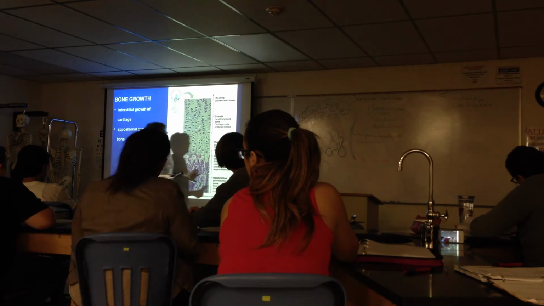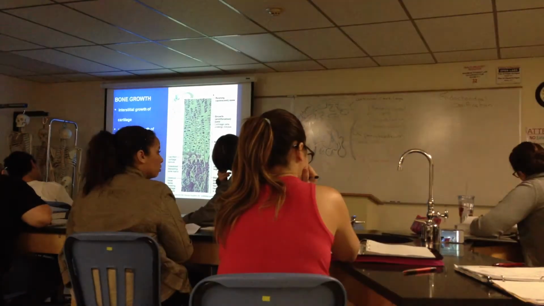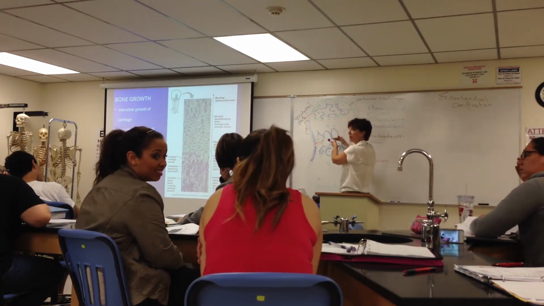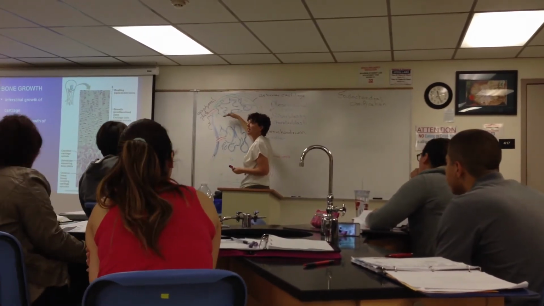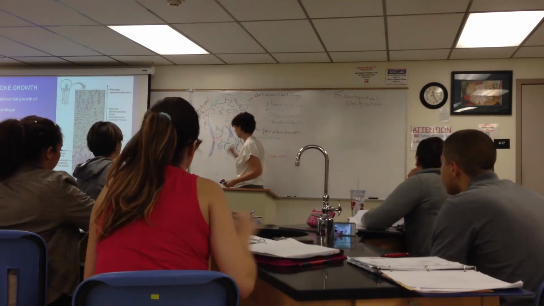Okay? So let me leave that diagram up while I redraw it over here. So this is how we get the progression of our developing bone, and as long as we have the epiphyseal plate, that continues to be the mechanism by which the bone grows in length.